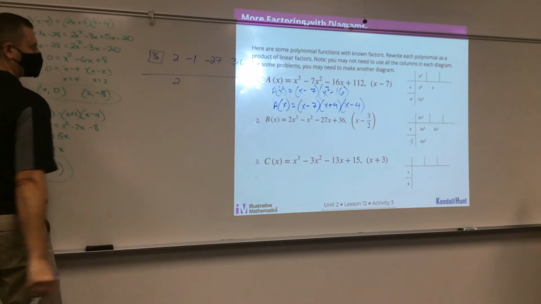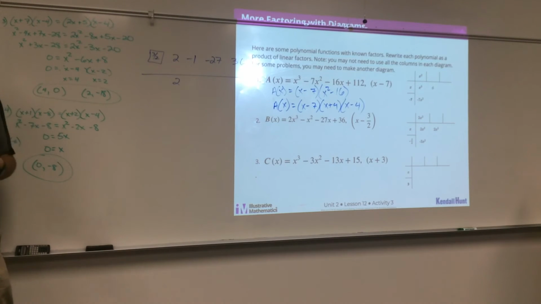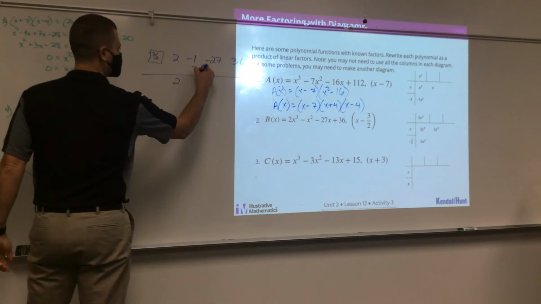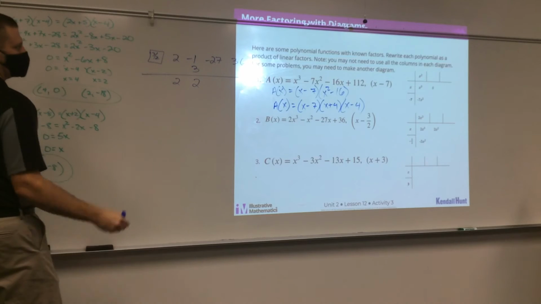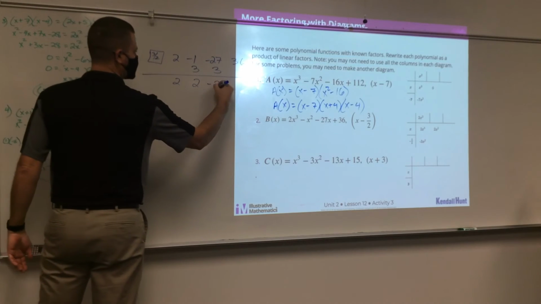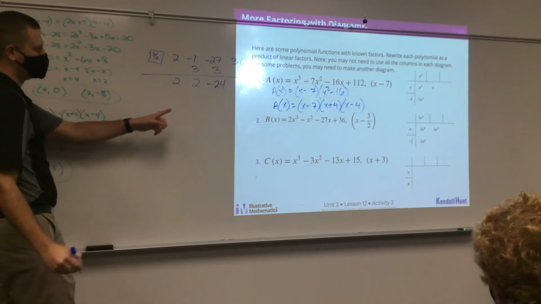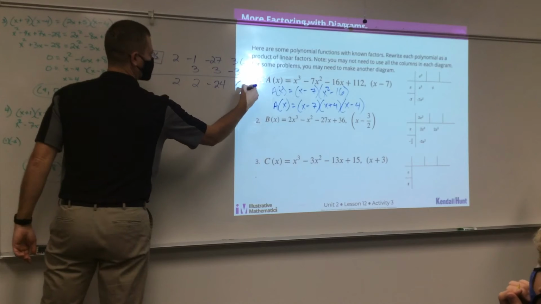Drop the 2. 2 times 3/2 would be 3 because the 2's would cancel out. Add them together. 2 times 3/2 would be 3. Add them together would be -24. -24 times 3/2 would be -36.